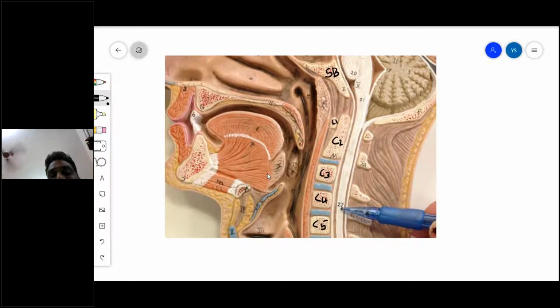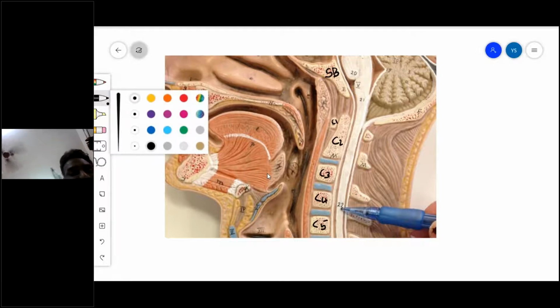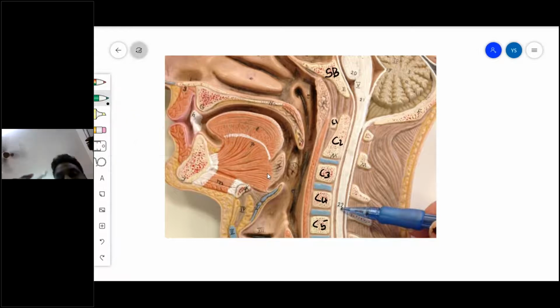So first I try to highlight the margins of nasopharynx. I'll use green color, that's better. You can see in this picture with the green color I'm highlighting the margins of nasopharynx.